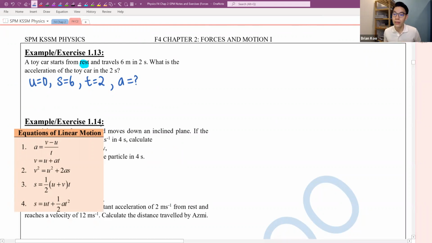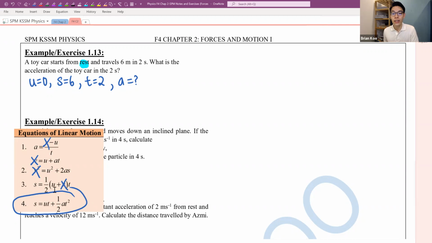So you see, don't want anything that has V. So has V, don't want, has V, don't want, has V, don't want, has V, don't want. Left which? Number 4. Easy, right? That's why you refer and see which one doesn't have V. Don't go and kill yourself memorizing, use your brain to get it. Very hard one. Why torture yourself?